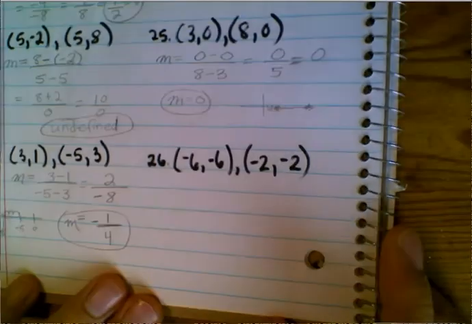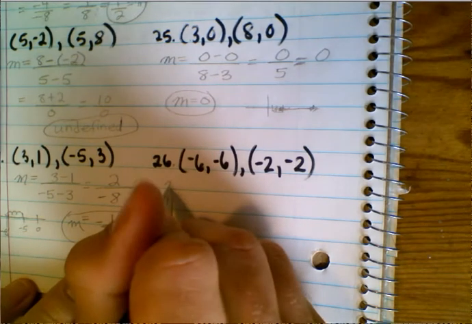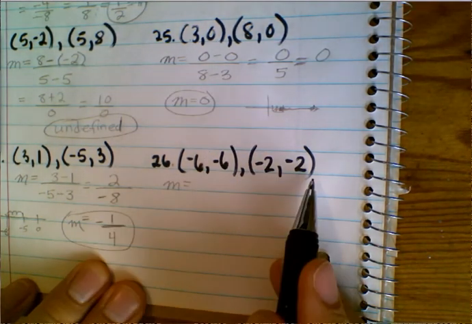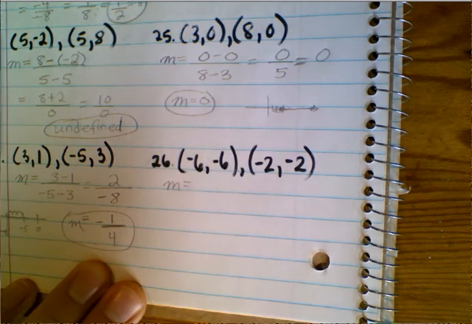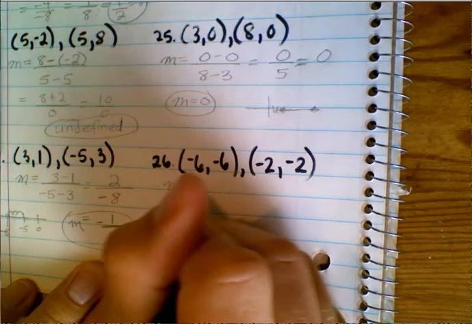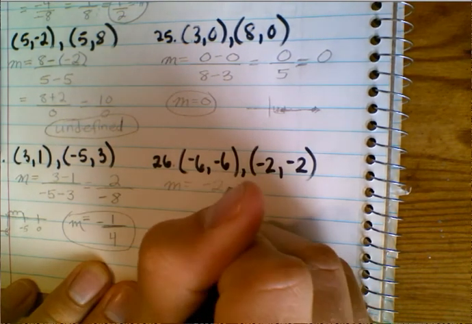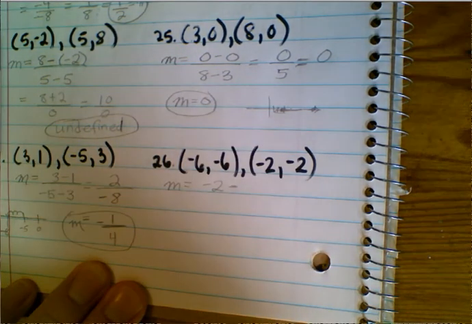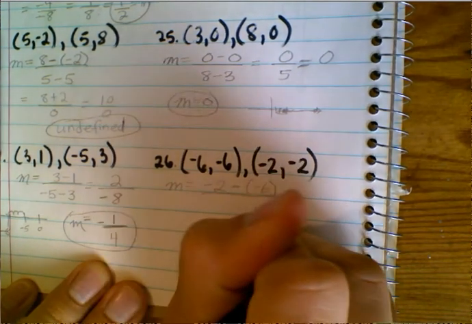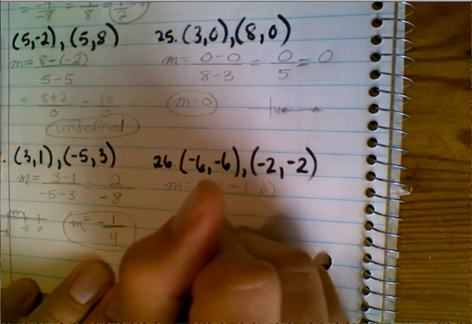All right, and finally number 26, m equals. Now we have a lot of negative signs, so it would be very easy to get confused on 26. Let me see here. There's a -2, and then there's always the minus in the formula, and then there's a -6. Then we have this -2.